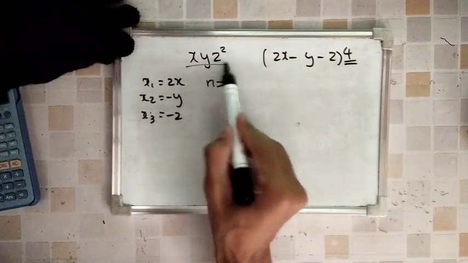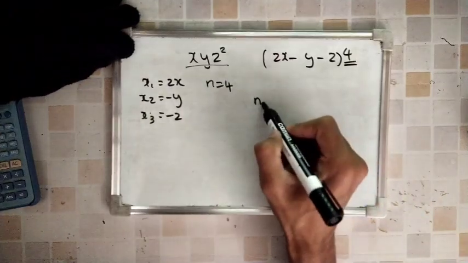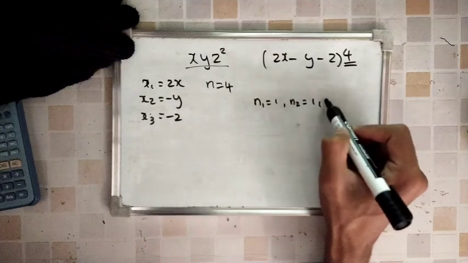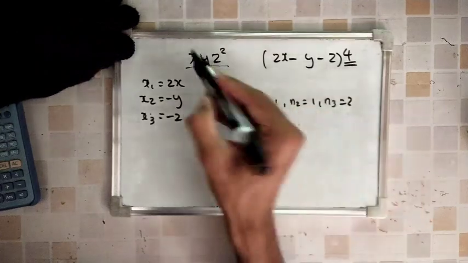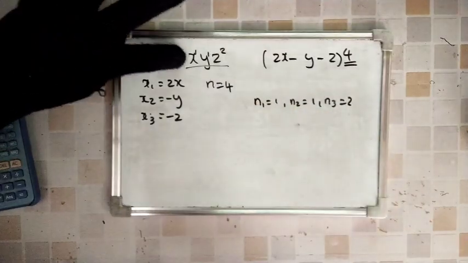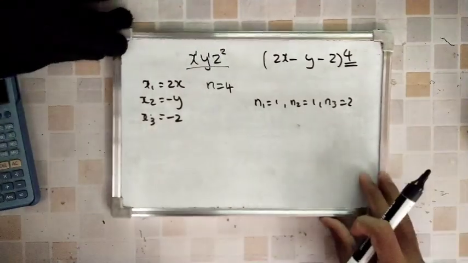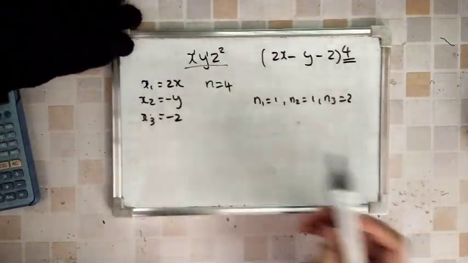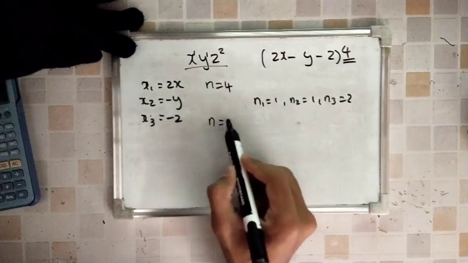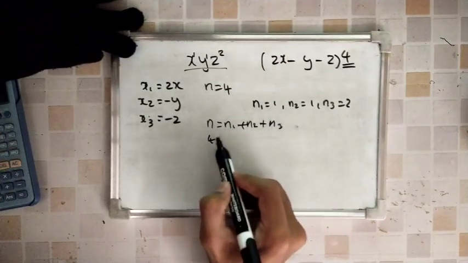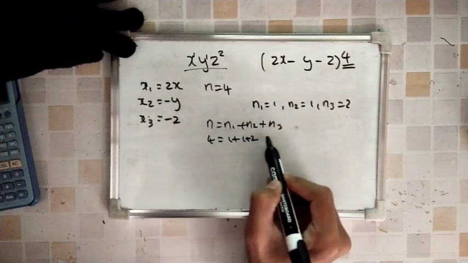From this I can say that n1 is equal to 1, n2 is equal to 1, and n3 is equal to 2. This power is n1, this power is n2, this power is n3. So n is equal to n1 plus n2 plus n3. It should always be 4, which is 1 plus 1 plus 2, 4 only, right?